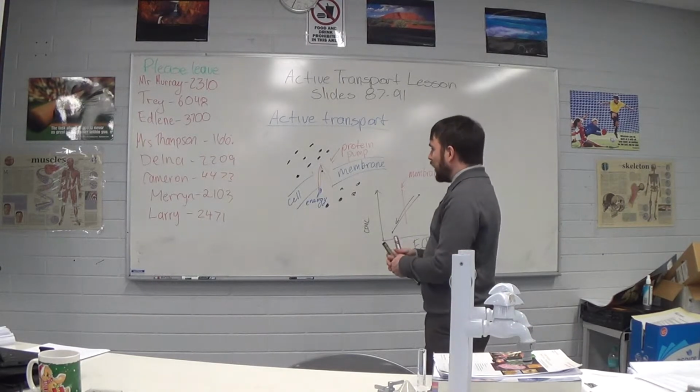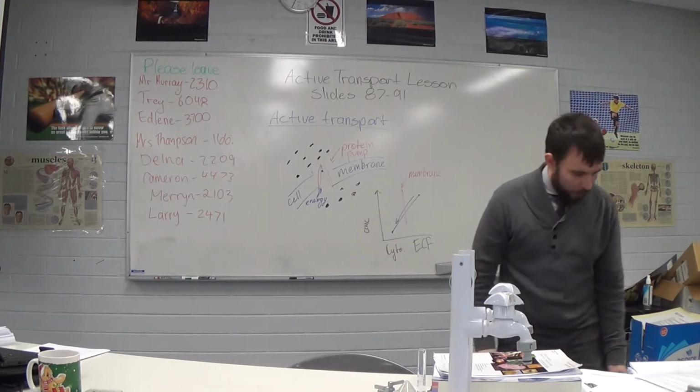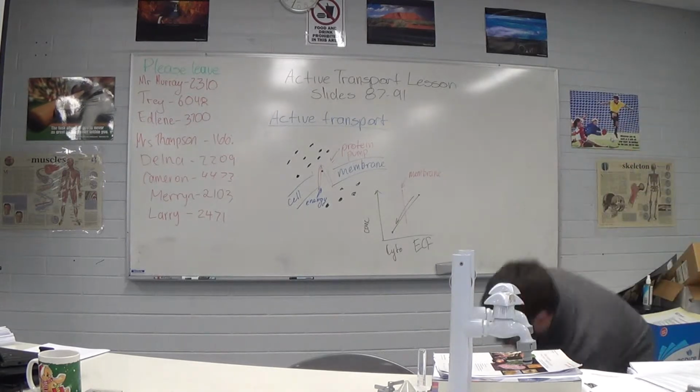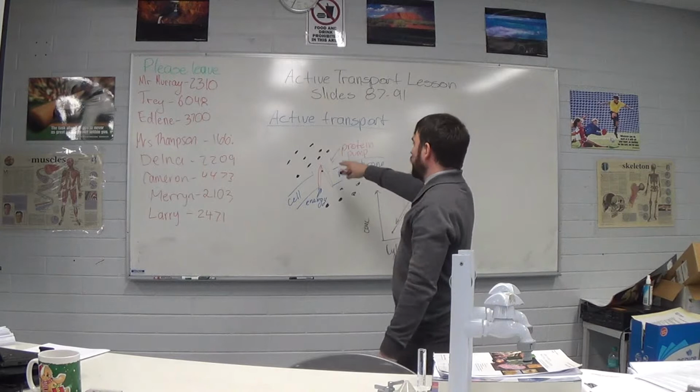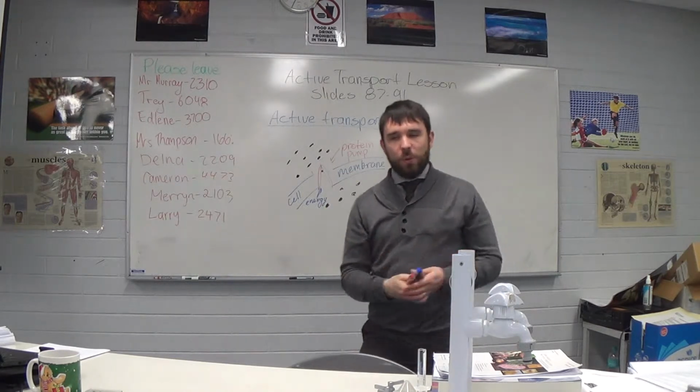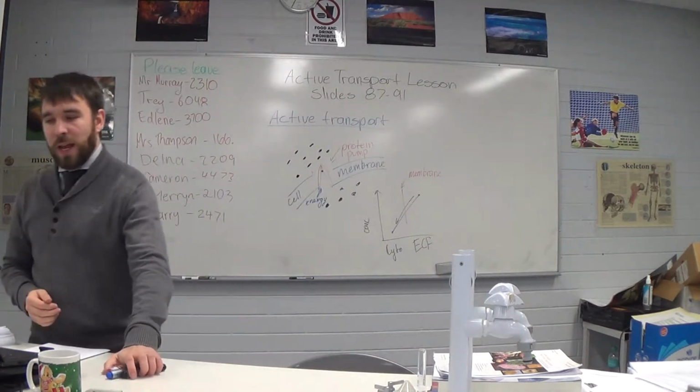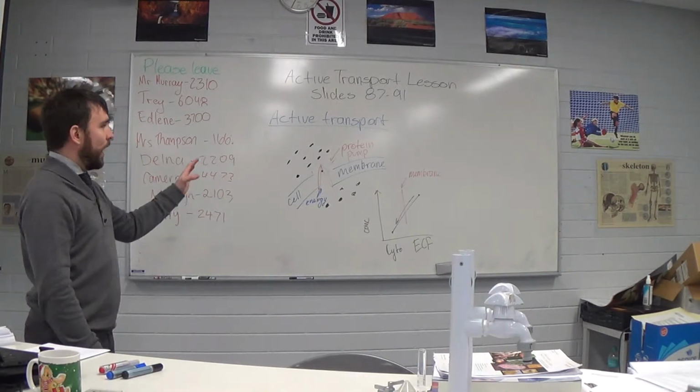So this energy actually changes the shape of the protein pump, and it allows us to pump in more molecules. And protein pumps will do that until the energy is exhausted, until they have run out of energy.